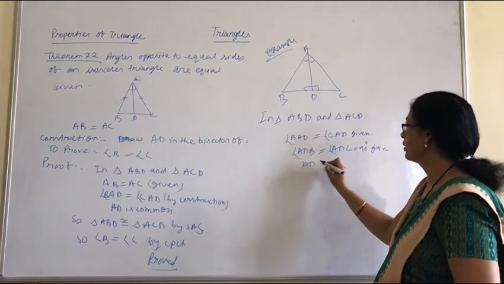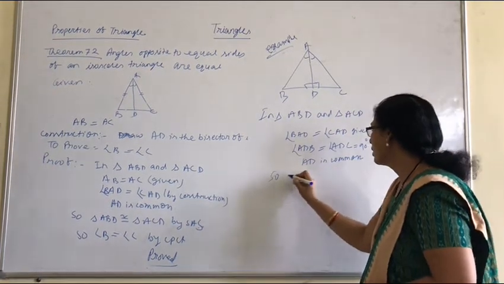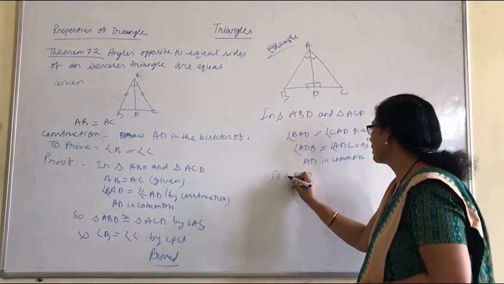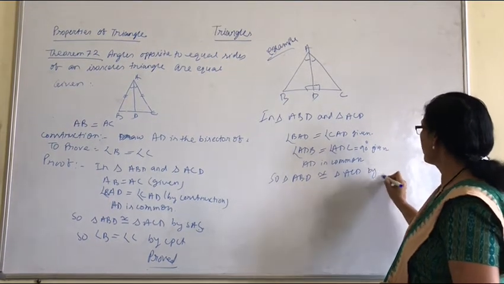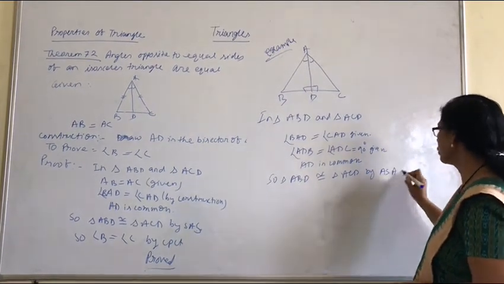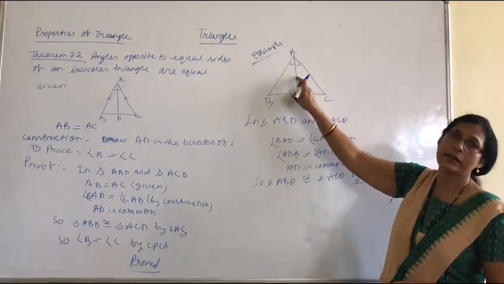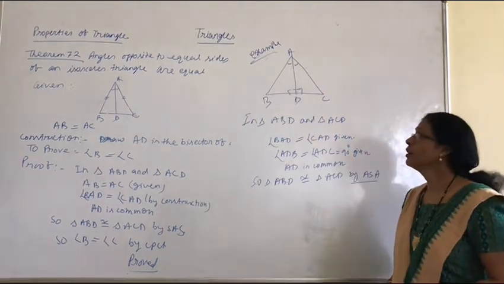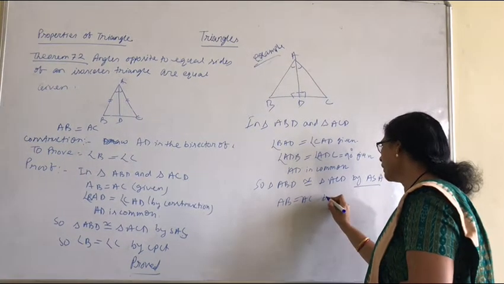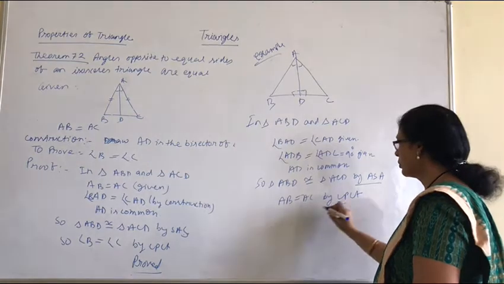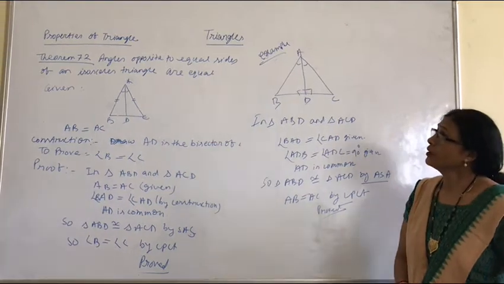Then AD is common. So triangle ABD is congruent to triangle ACD by ASA congruence condition. Clear? Angle, side, angle, both the triangles are congruent. Then by CPCT, AB is equal to AC. Okay? Clear? Now one more example.